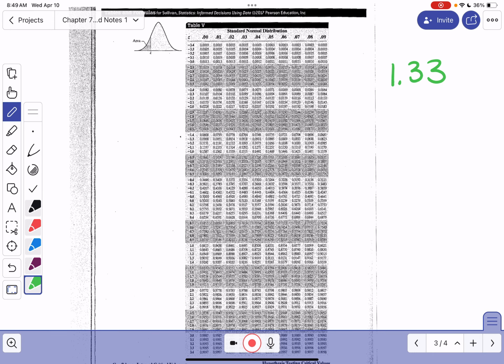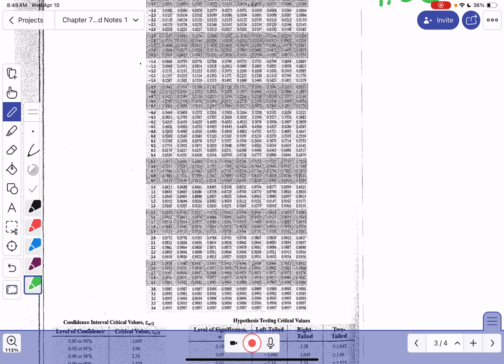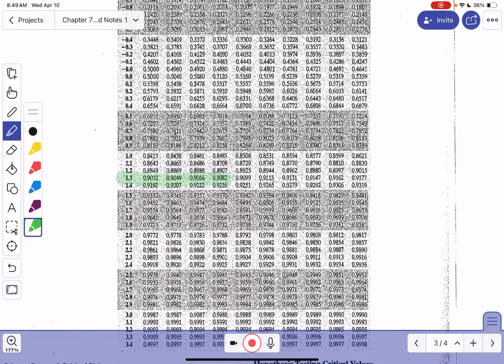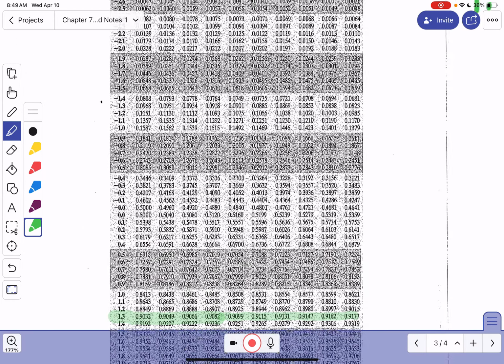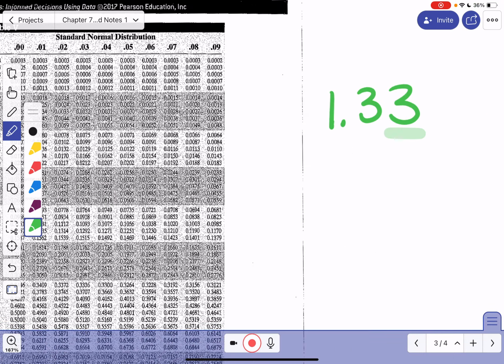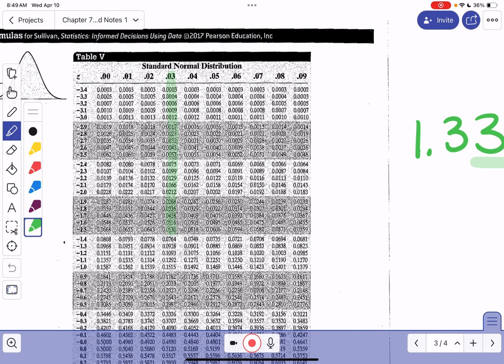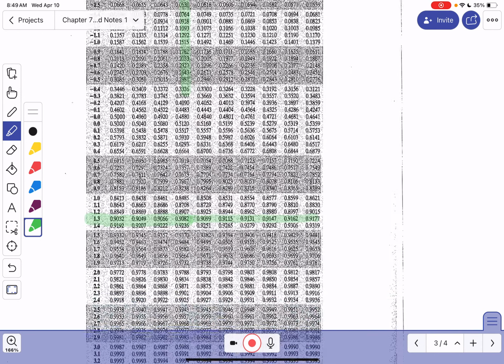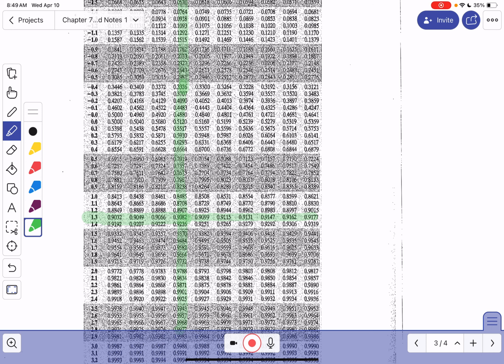So we're going to use this table. We're going to find 1.3 over here on the side. So that's this row. Okay. And then we find 0.03 at the top. So that's this column. And we're going to see where they meet. And it's at 0.9082.